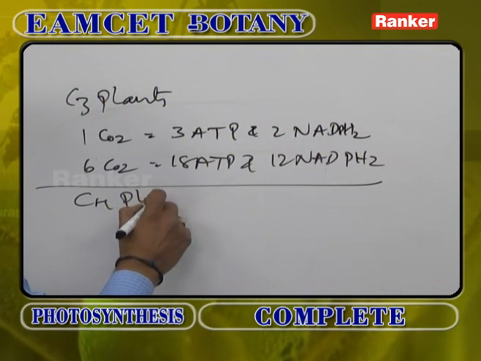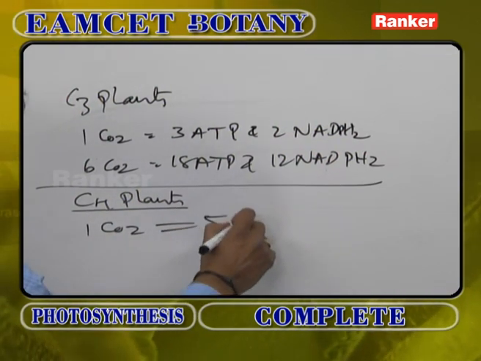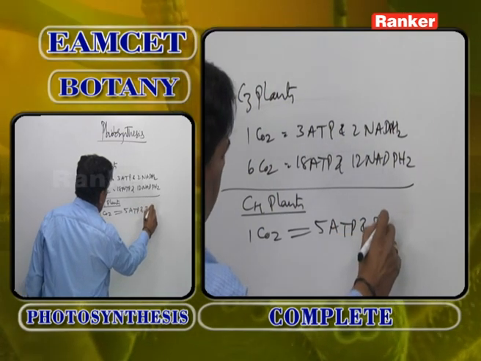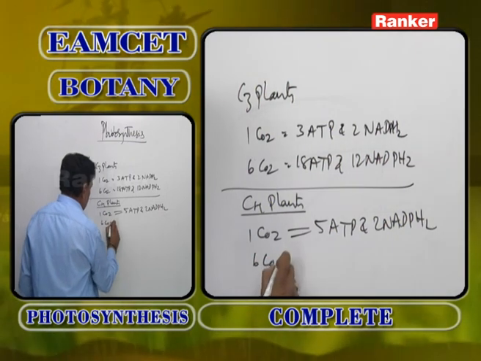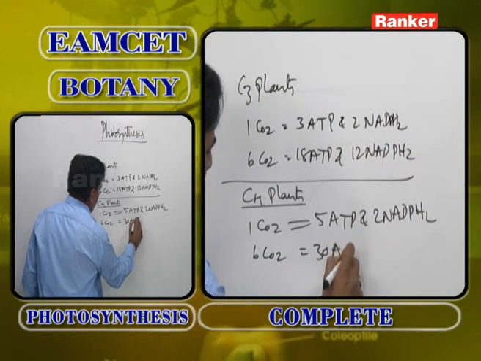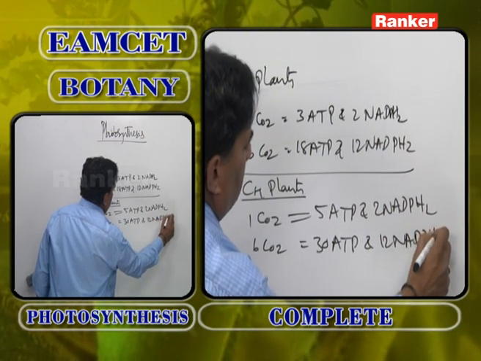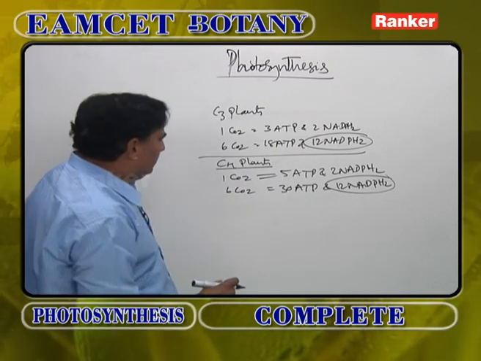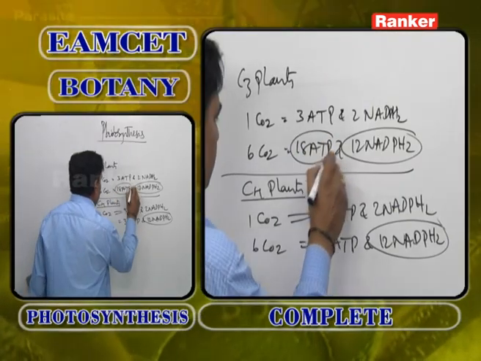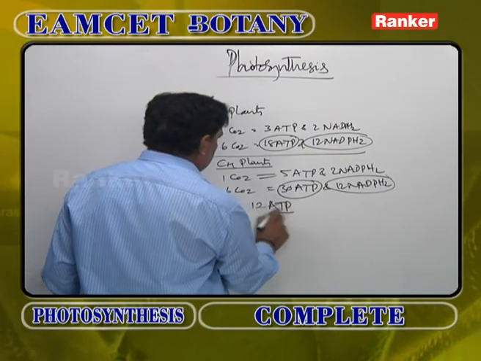In C4 plants, for 1 CO2, the ATP utilized is 5 ATP and NADPH2 is the same, 2 NADPH2. For 6 CO2, 30 ATP and 12 NADPH2. So in C3 plants and C4 plants, the utilization of NADPH2 is the same, 12 NADPH2. But coming to the ATP, here 18, here 30. So the difference is 12 ATP.